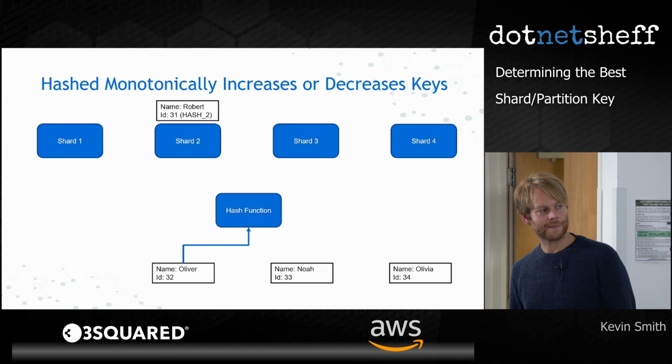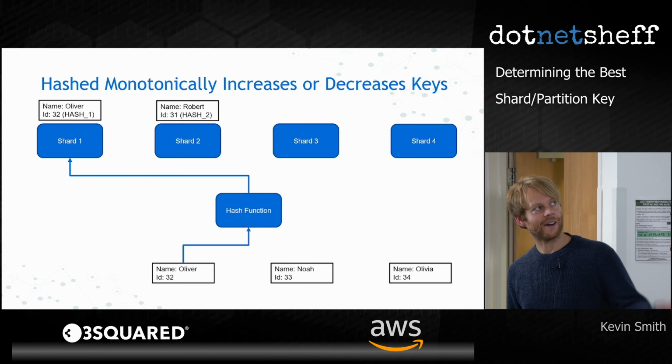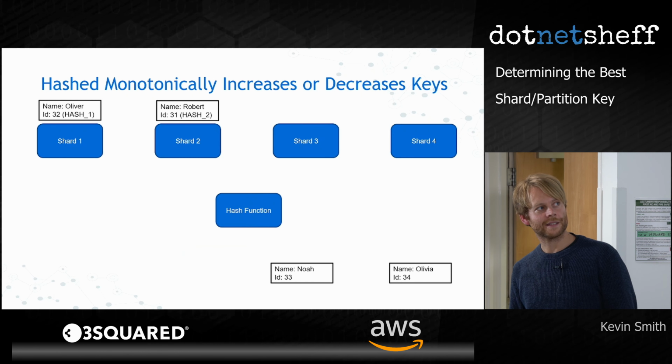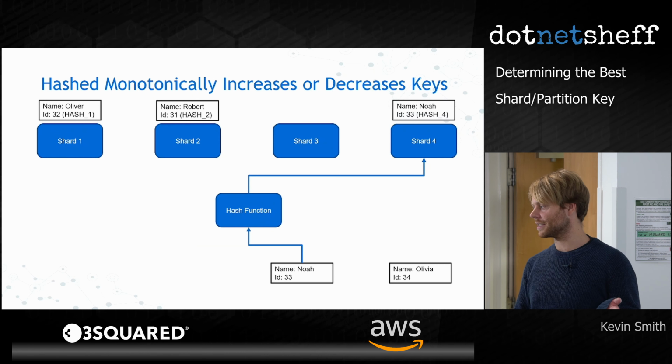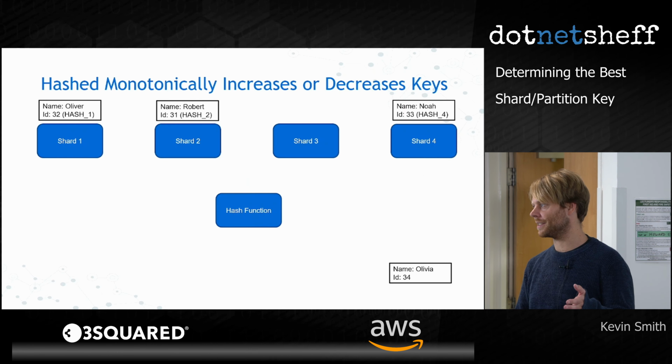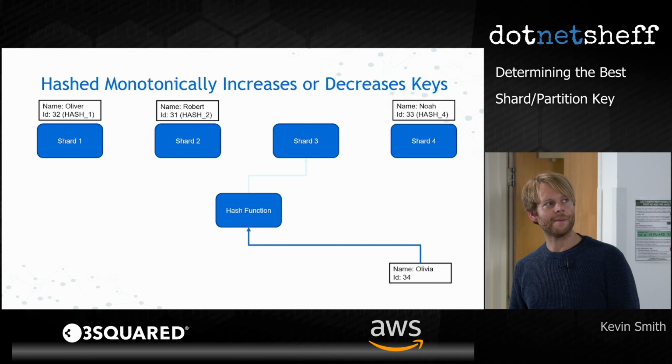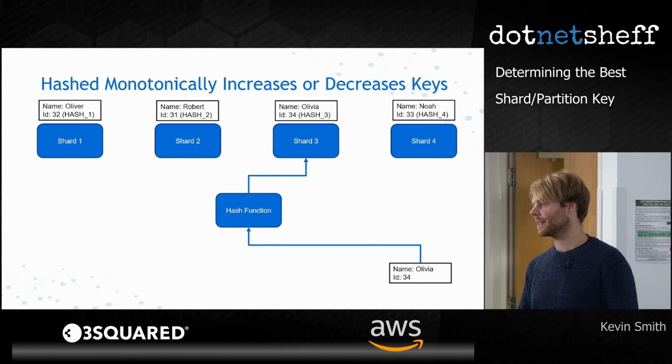Oliver comes in at 32 as well, and then that also gets hashed to hash 1. So as you can see, it's getting spread out easily across the system because it's hashed and you're not using the sequential IDs. So that's one way to get away from it: if you need to use monotonically increasing IDs or values, you can hash them instead when you create the partition key.